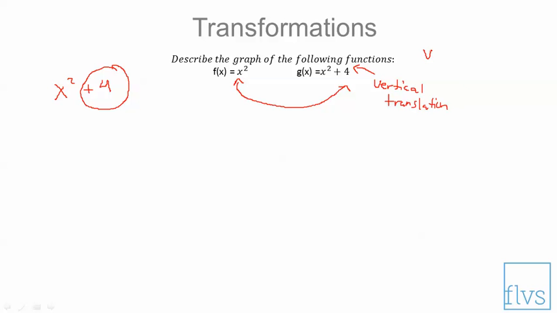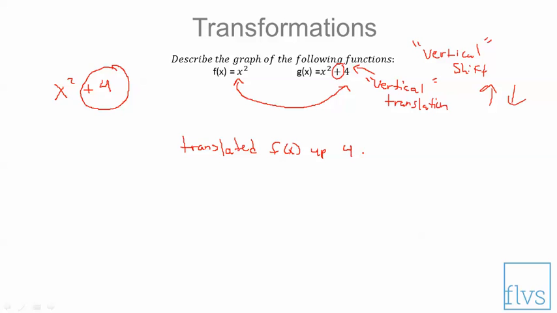Some people also call it a vertical shift. Both are appropriate, but the key word that you know is that it's vertical, meaning it's going up or it's going down. Because it's positive, that means it went up 4. So you might see something where it says you translated f of x up 4 units.